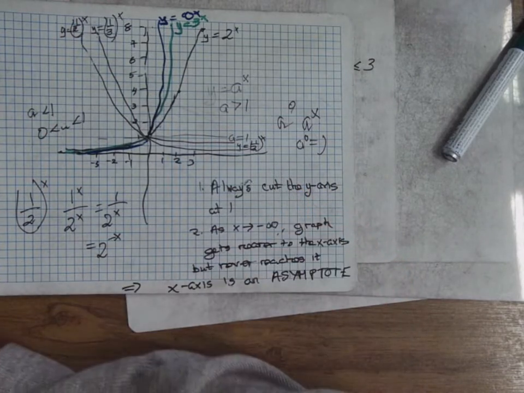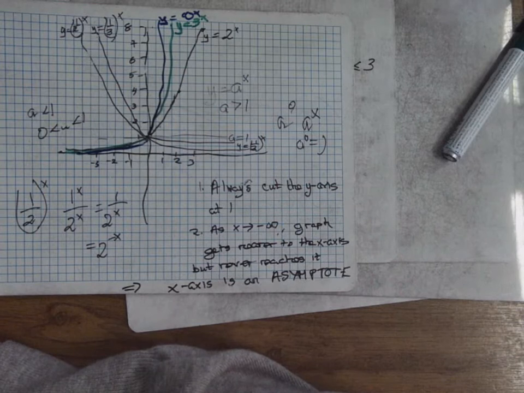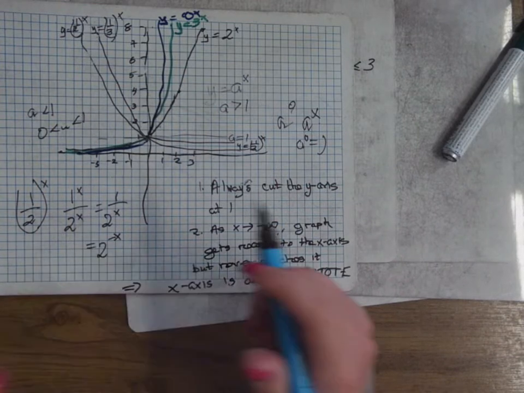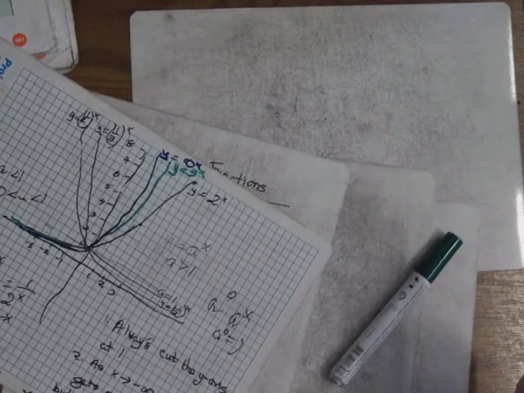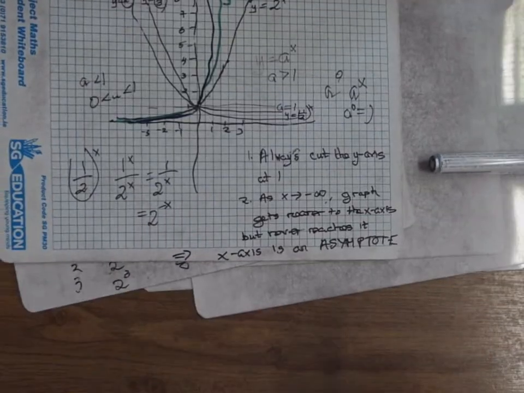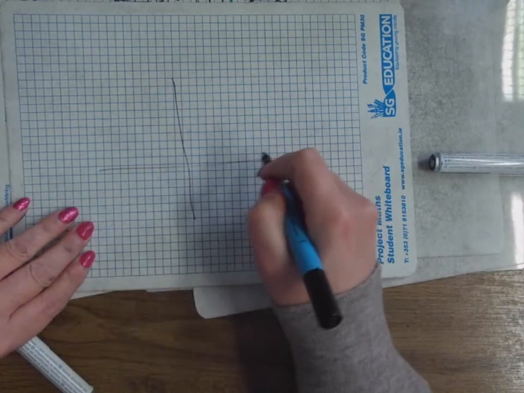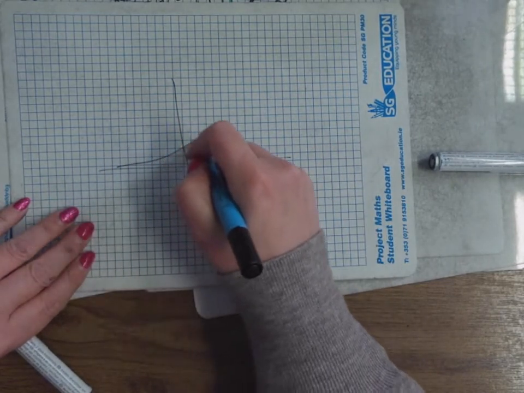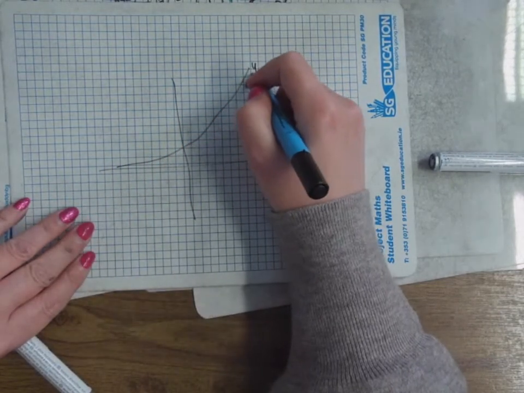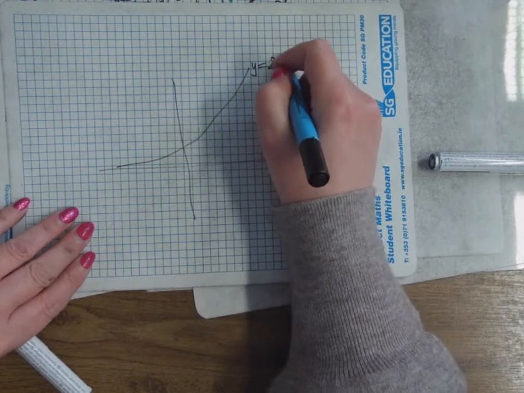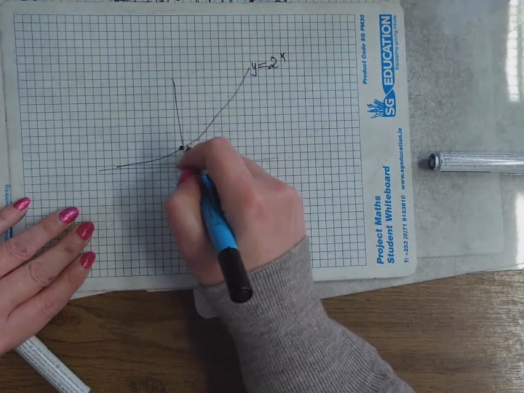Right. Anything else you need to know about exponential graphs? If I just say y equals 2 to the power of x, we'll cross at 1, they all cross at 1, yes?